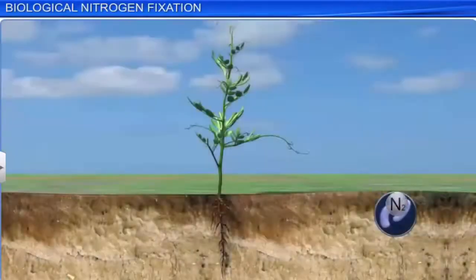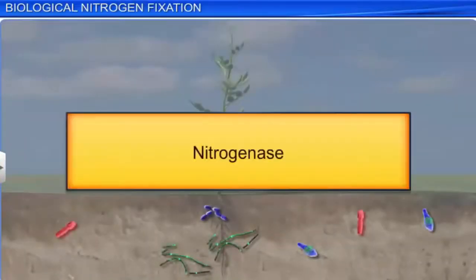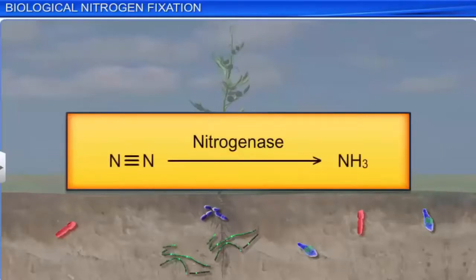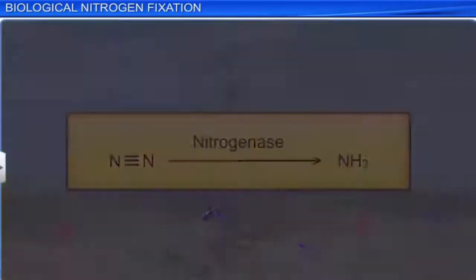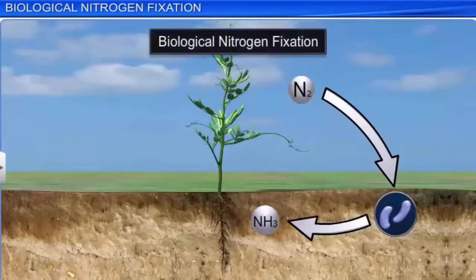Only a few microbes can fix this nitrogen. These microbes have a special enzyme called nitrogenase, which reduces nitrogen to ammonia. The process by which these living organisms fix atmospheric nitrogen by converting it to ammonia is called biological nitrogen fixation.